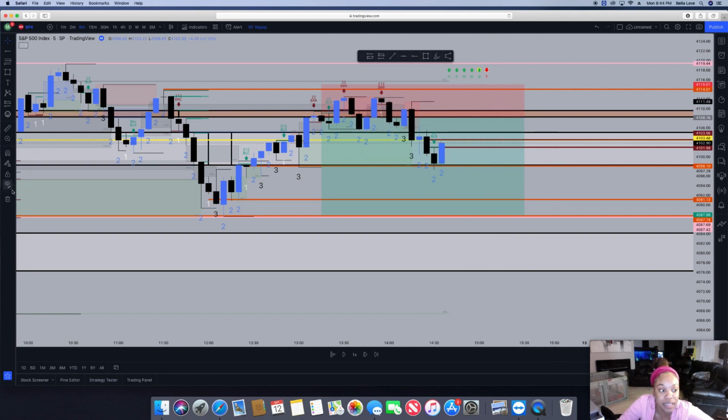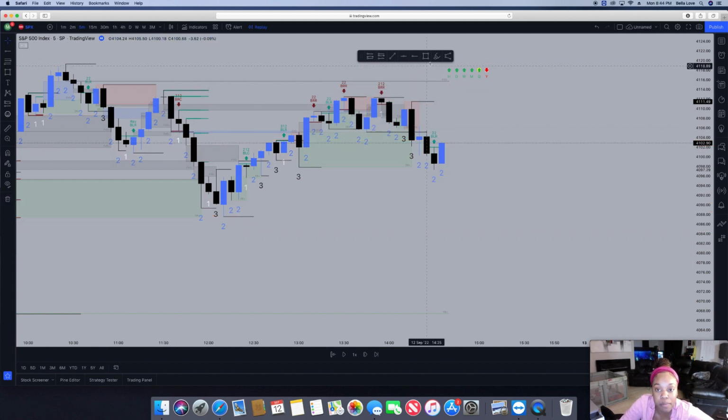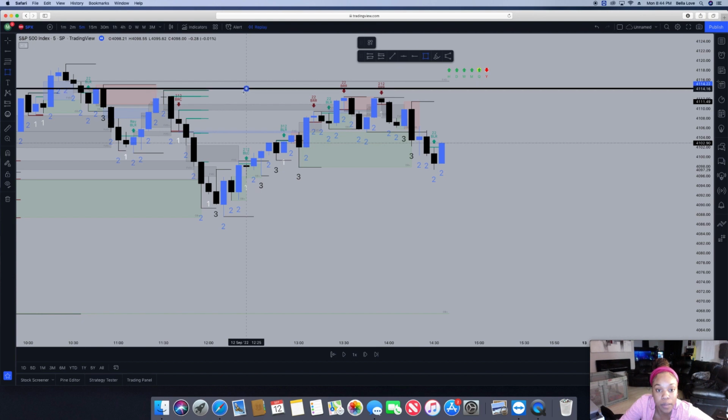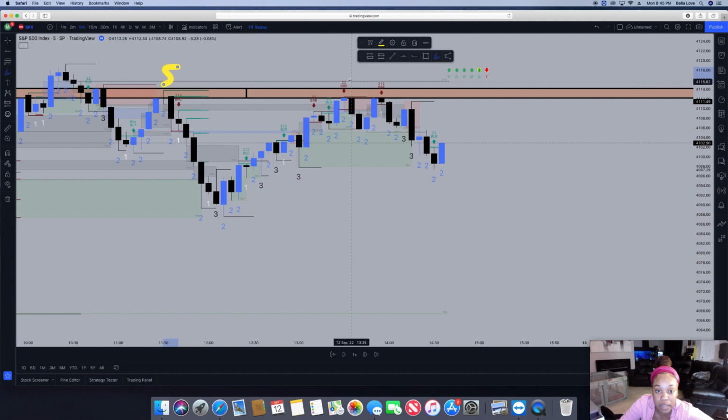You guys will even see here, even if I remove my chart, when it went here, that's a resistance point. It went there, it went down. Look, it went there, it went down. It's back at this point. It went down and then it TTO'd up, but it didn't necessarily break the structure.